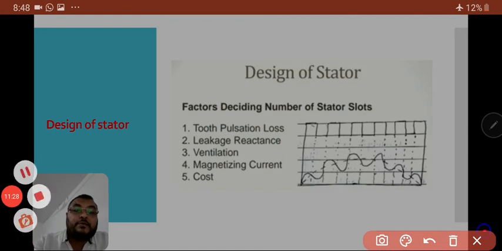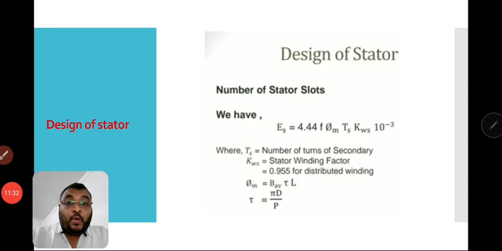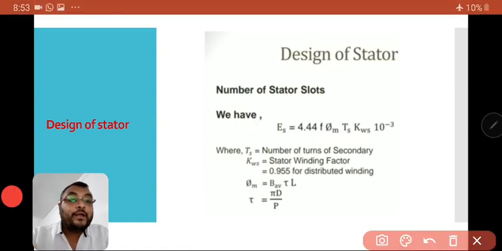Next we will see the equation for the number of stator slots, which will be useful when you are designing the sheet of a three-phase induction machine, when you have to select one factor, that is the number of stator slots. So we will consider this equation to select the number of stator slots.